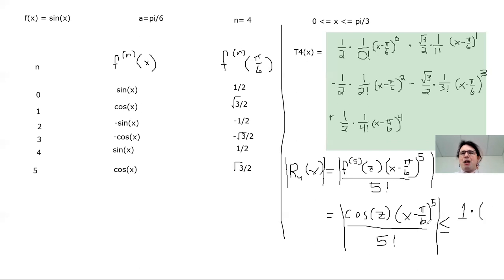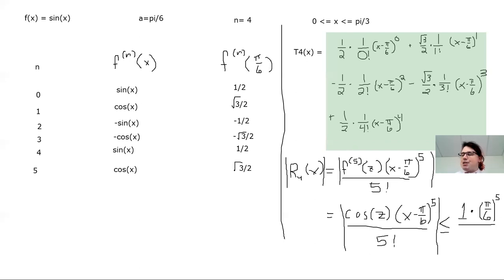If I choose an x smaller than that, I'll be getting closer to pi over 6, and that will decrease the amount of error. And if I shoot past and go to the left, I'll have a negative number here, but since I'm using absolute values, it'll just give me whatever I would have for the corresponding positive value. Now, pi over 3 minus pi over 6 is still pi over 6, and I'll be raising that to the 5th power.